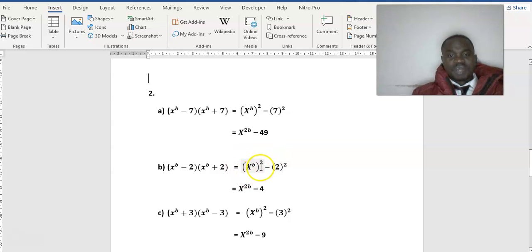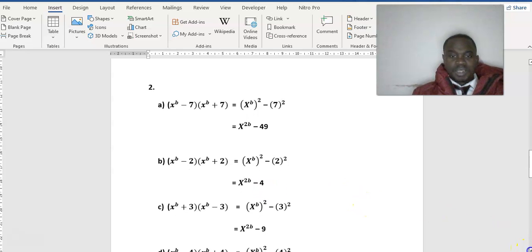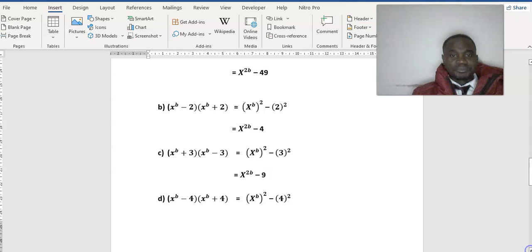x to the power b minus 2, x to the power b plus 2. In brackets, you are going to have what? x to the power b squared. Then we'll have x to the power 2b. Why? b times 2 is what? 2b minus 2 squared. 2 squared is what? 4. Okay. Let's move on. We have x to the power b plus 3, x to the power b minus 3, difference of 2 squares.